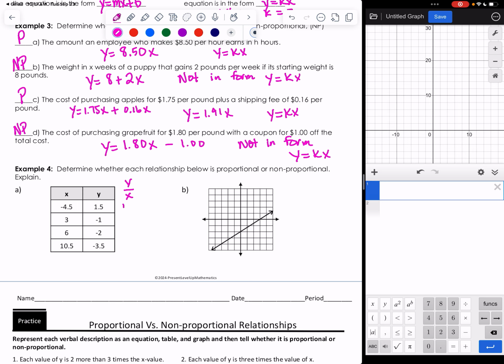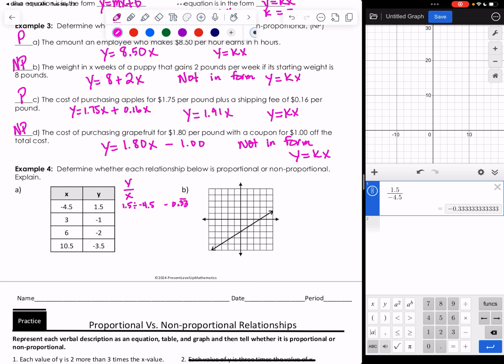So we're going to take 1.5 and divide it by negative 4.5, and let's see what we get. 1.5 divided by negative 4.5, and that's a constant ratio of negative 0.33 repeating.